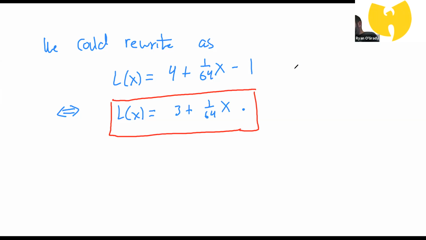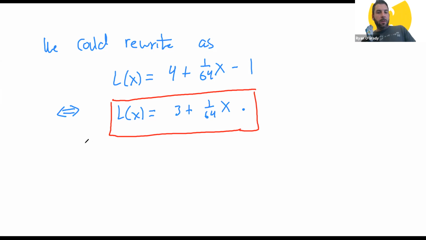Now, this is what we were asked to do at first, but we can use this to get information. And so the beauty, the geometric consequence of this is that the graphs are close together.